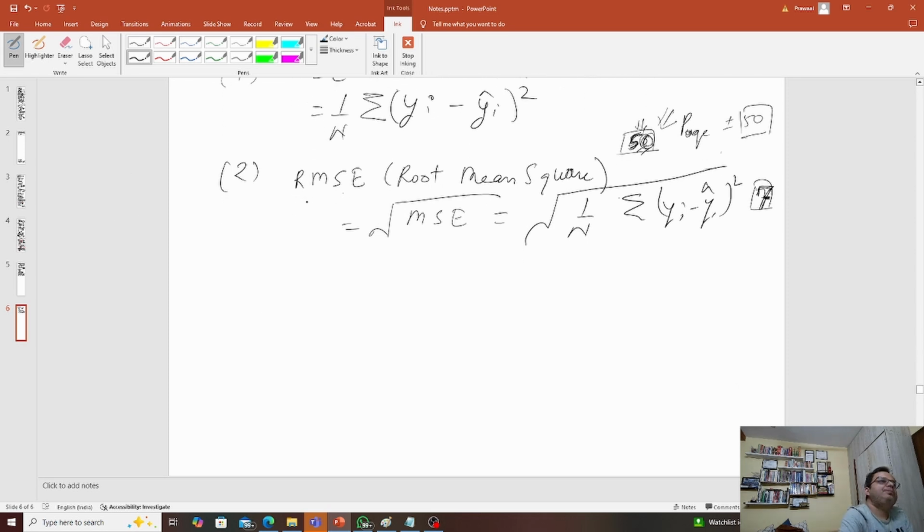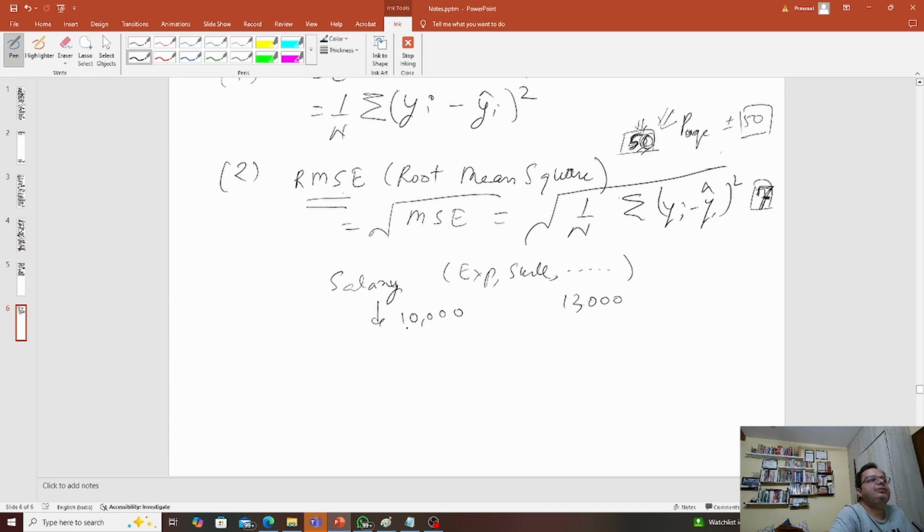The problem with root mean squared error could be that, let's suppose you are trying to model the salary of a person based on parameters like experience, skill, and so on. You find out the salary of the person is 10,000 and the actual salary is 12,000.